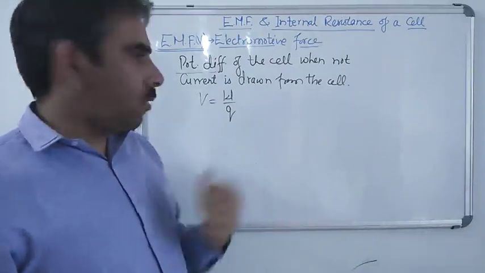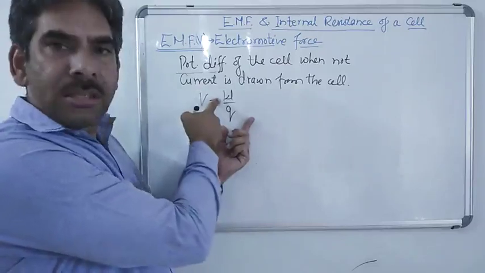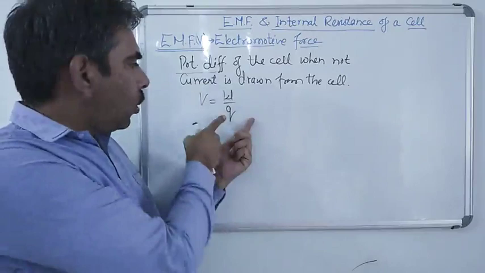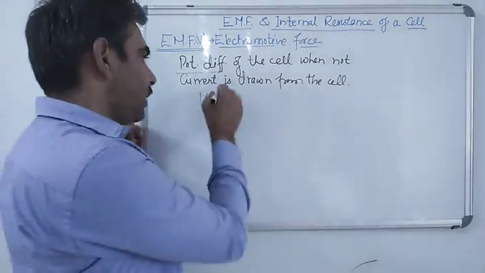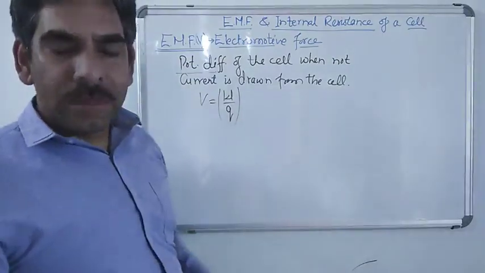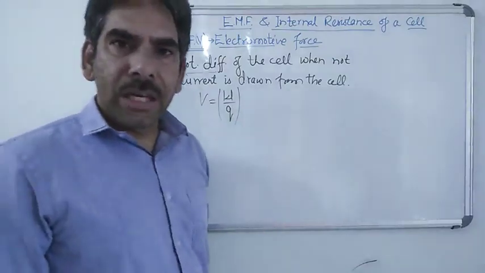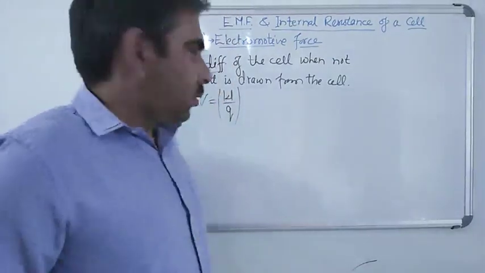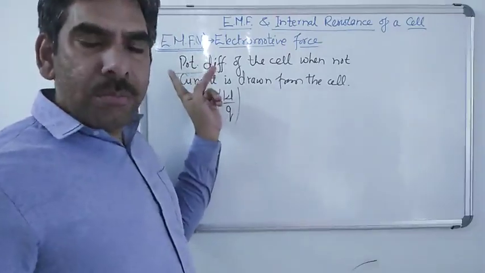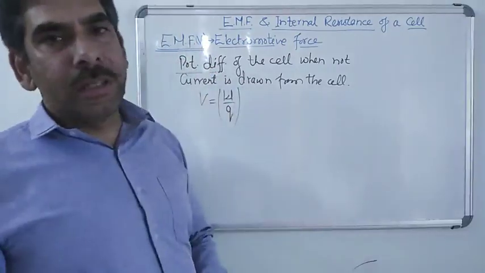It measures the amount of work done by the cell on 1 unit of charge in order to make it move. That work on 1 unit charge is called the potential difference across the two terminals of the cell, which is maximum, or we call it the EMF of the cell.